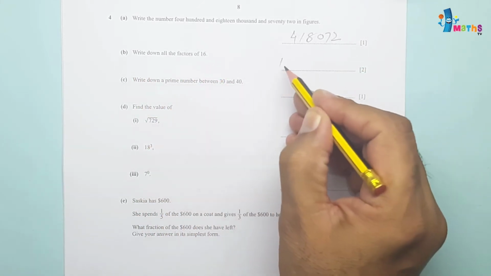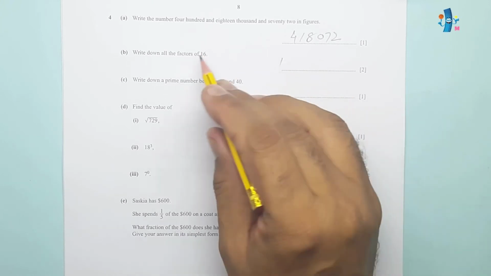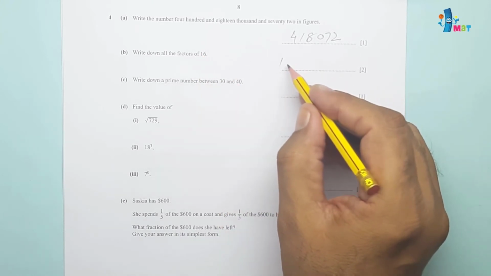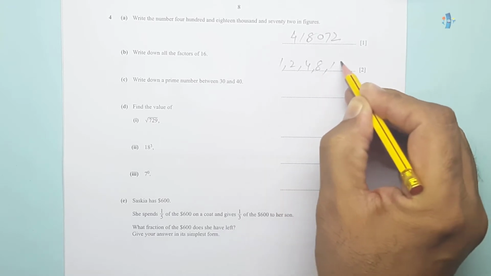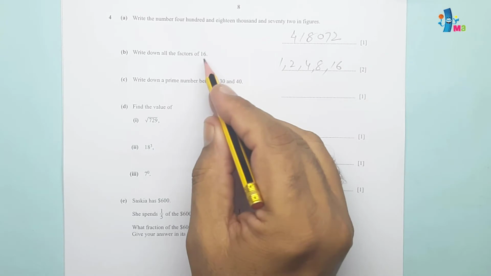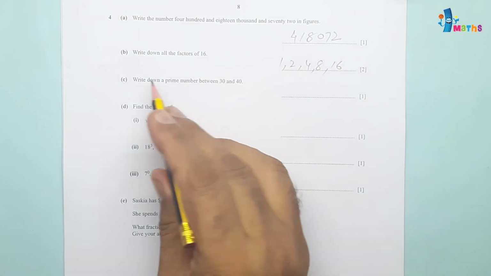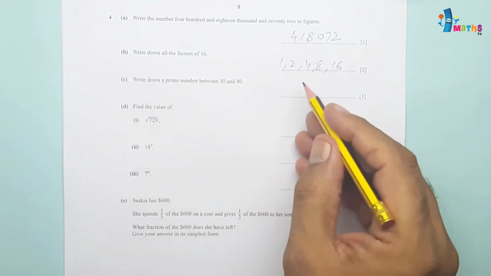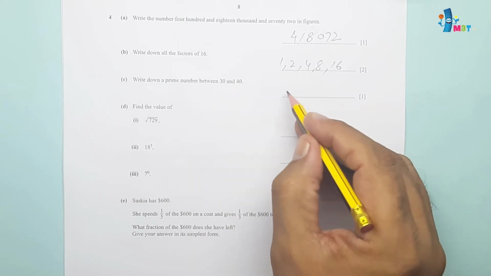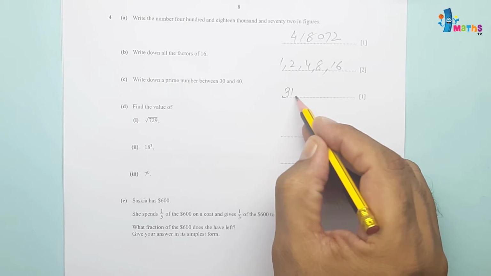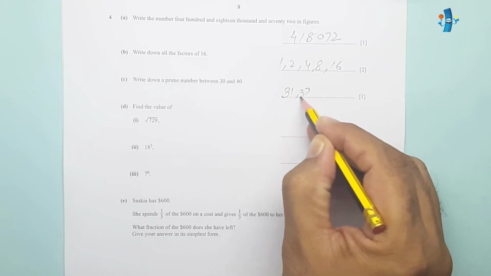Factors of 16 are numbers which divide 16 completely without any remainder: 1, 2, 4, 8 and 16. These are the numbers which divide 16 without any remainder. Write down the prime numbers between 30 and 40. Prime numbers can be 31 and 37. These are two prime numbers.